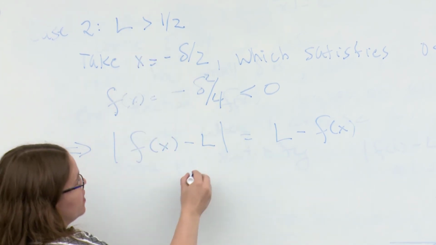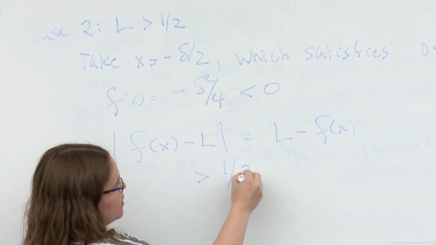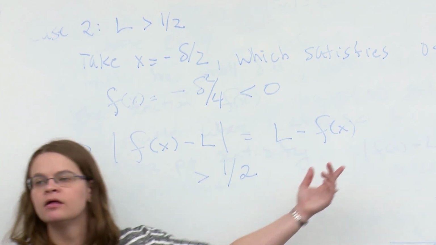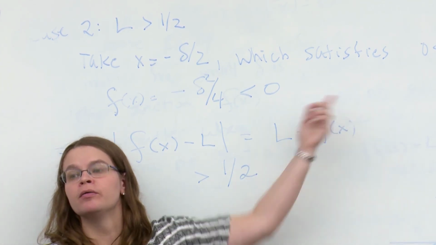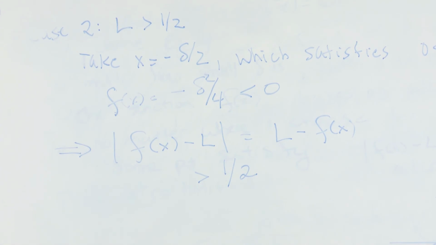Again, using the fact that L is positive, I'm going to get that this is bigger than a half. And then this is going to make it actually even bigger than a half. And again, this is my epsilon.